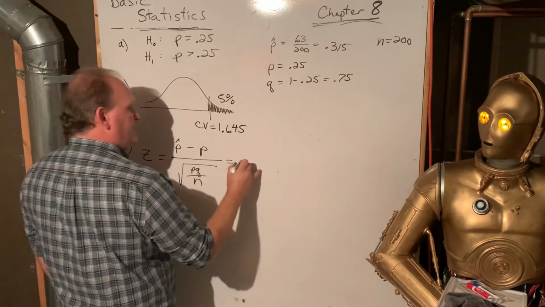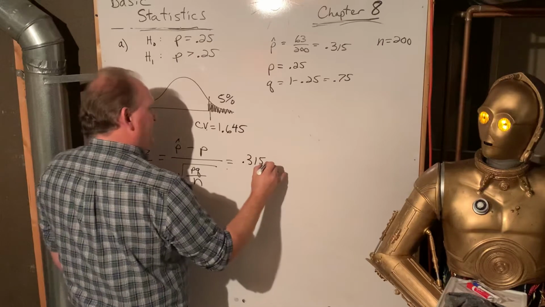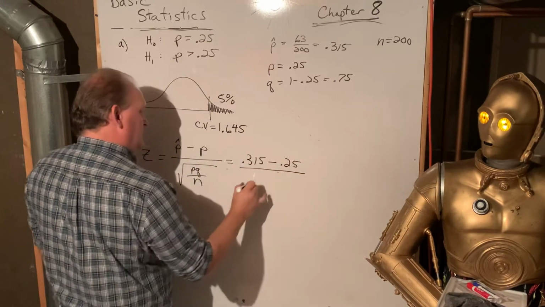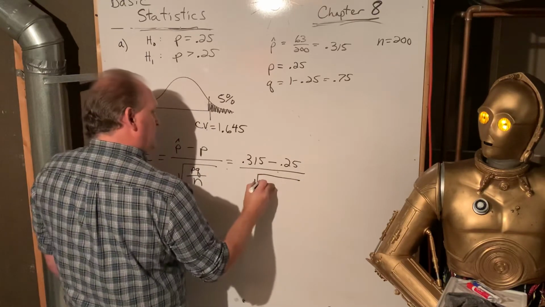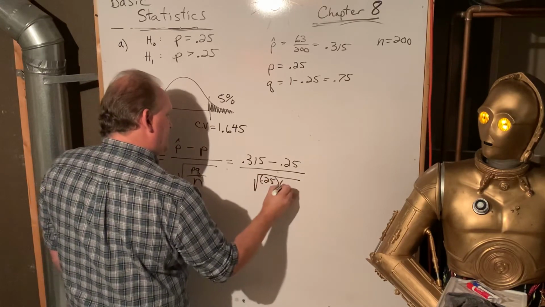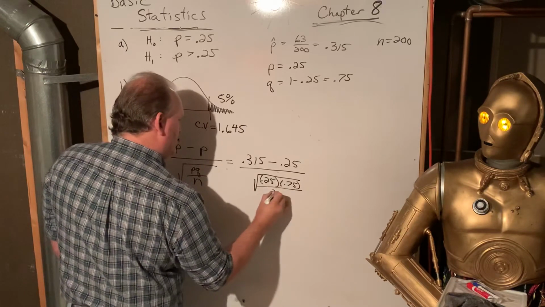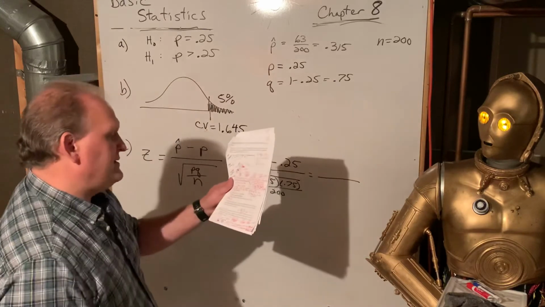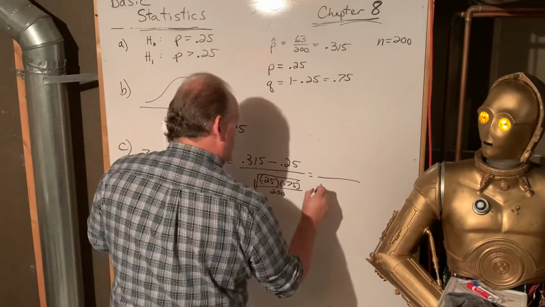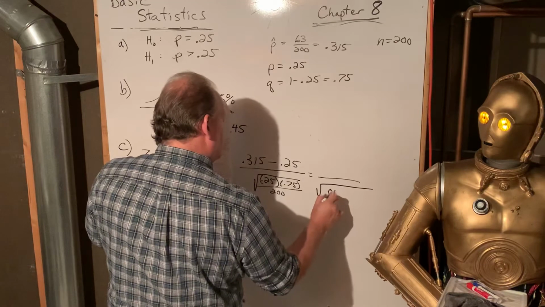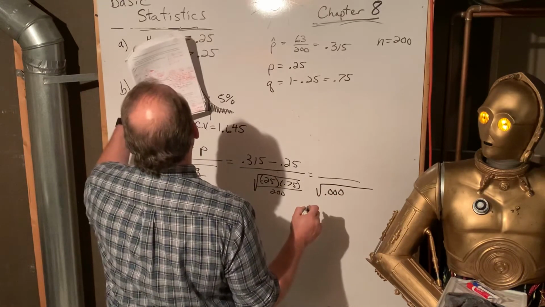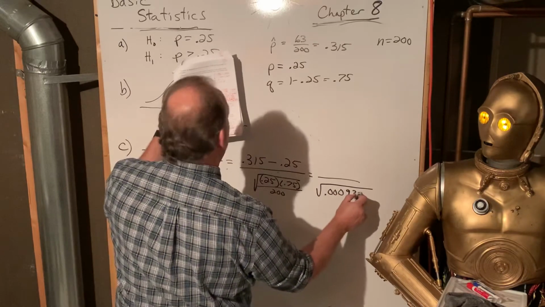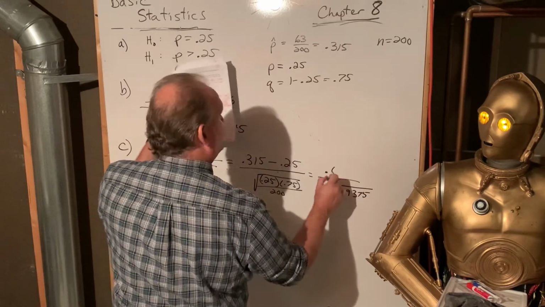So 0.315 minus 0.25 divided by the square root of 0.25 times 0.75 divided by 200. You get this really tiny number, 0.000 with 3 zeros, 9375. And on the top, we get 0.065.